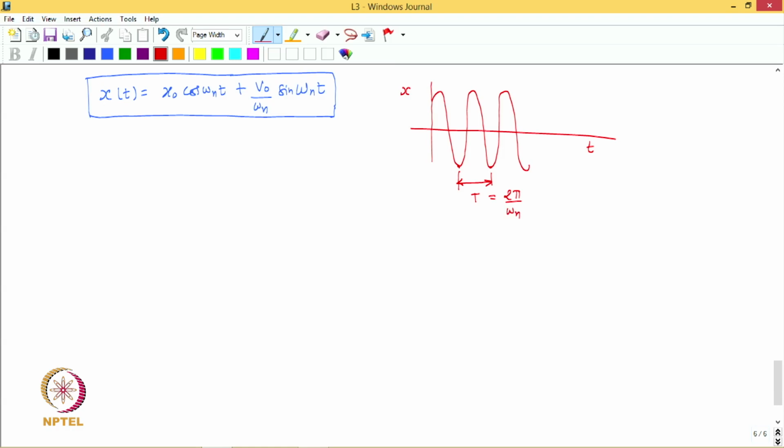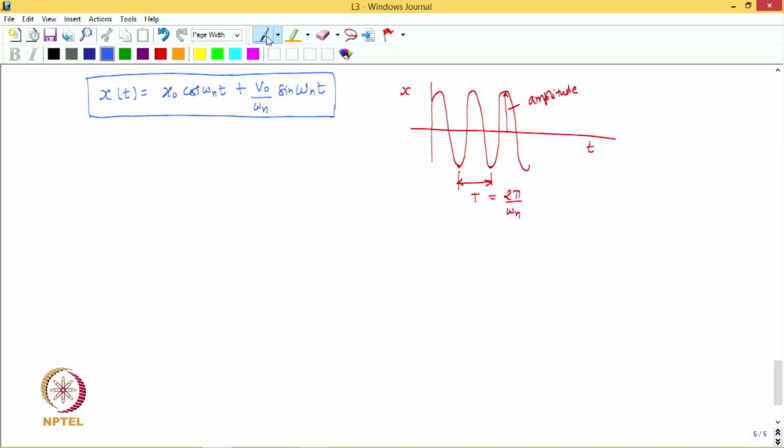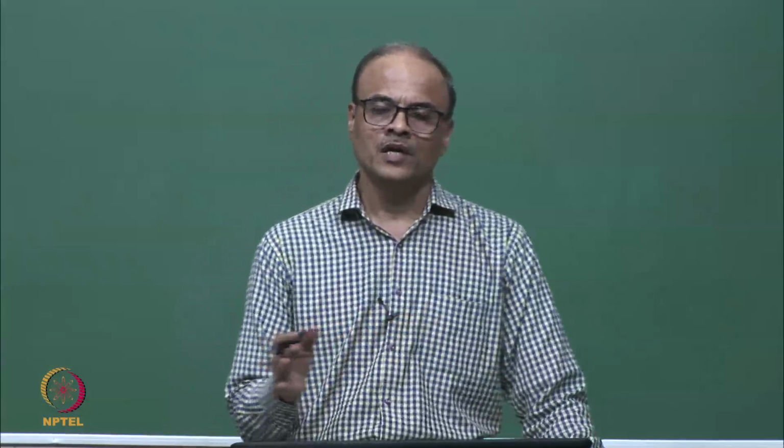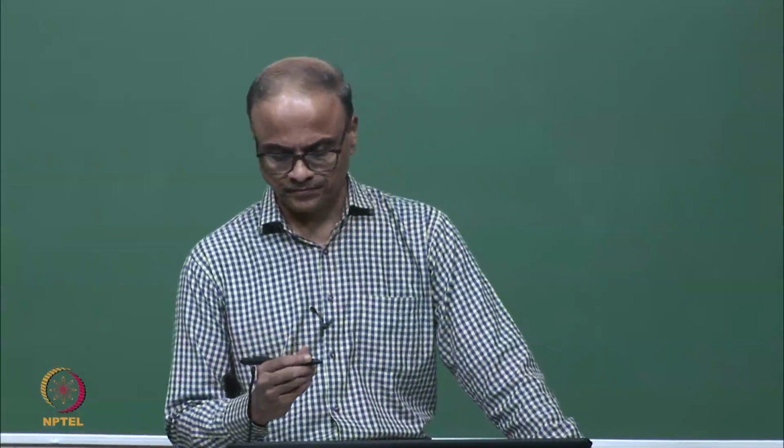And this is the amplitude of the motion. So in free vibration, one important characteristic is that the vibration occurs at the natural frequency. Under free vibration of a single degree of freedom system, the vibration occurs at the natural frequency of the system, which is under root k by m.